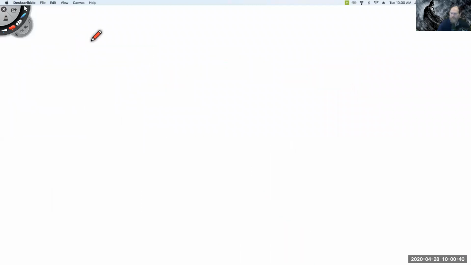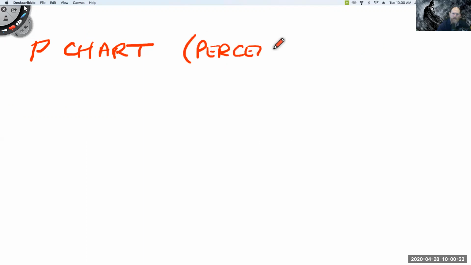The book calls it the P chart, where the P is actually short for percentage. If I was king for a day, I would change that word to proportion.